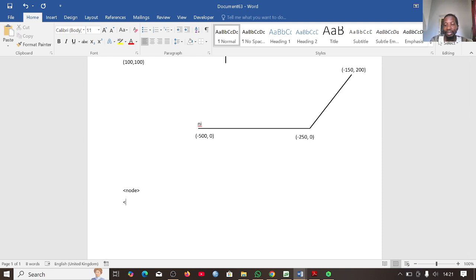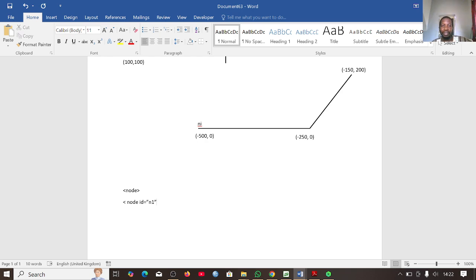Before you write anything, make sure you start with the less than sign. So now I can say my node ID. If I want to equate something with something, this node is called N1, and now I want to equate my node ID to this. So I will have to use the equality sign, then the double quotation, then I can write my N1, then close it.